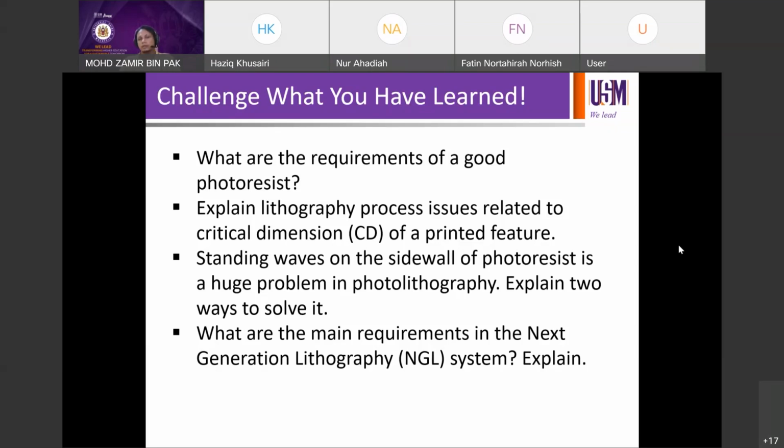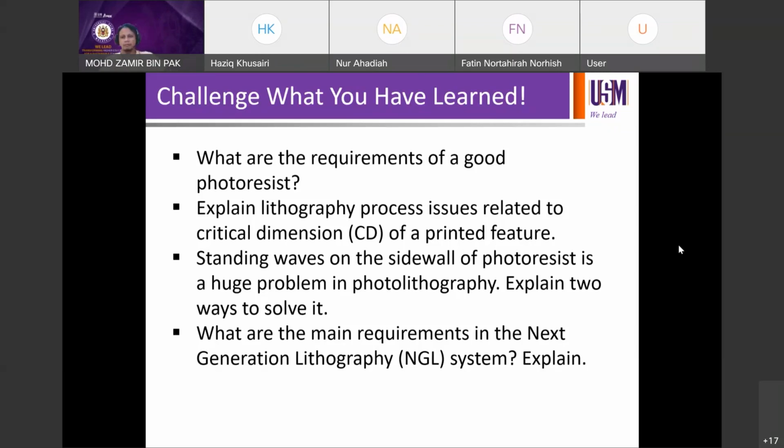So if you have those ridges on the vertical patterns on the side walls, how does it affect the CD then? It affects the CD of the resist, because the ridges actually make the CD not constant. Not constant throughout the side wall.